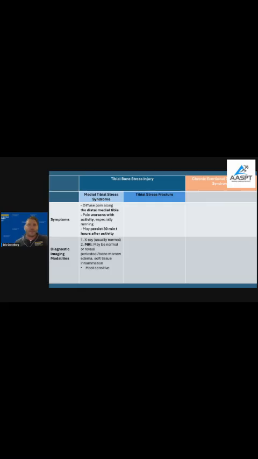So when we usually thought that medial tibial stress syndrome was something a little bit different, we're really learning that's probably just the earlier onset of progressing towards more of a stress fracture. So these folks with medial tibial stress typically have diffuse pain along their distal medial tibia, typically greater than 5 centimeters in length.